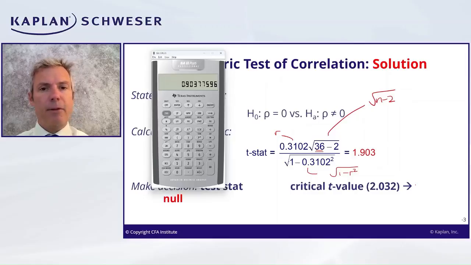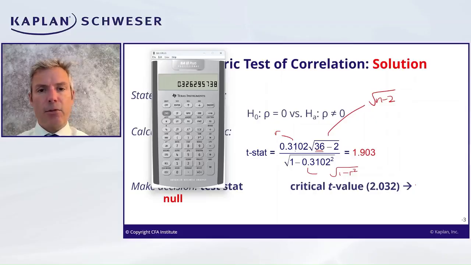So what I've got now is 1 minus 0.3102 squared. Then I can root that whole thing, that's what's on the bottom. Just hit the root sign. Then I can put it on the bottom by hitting 1 over. Now I can multiply by 0.3102, and hit equals.